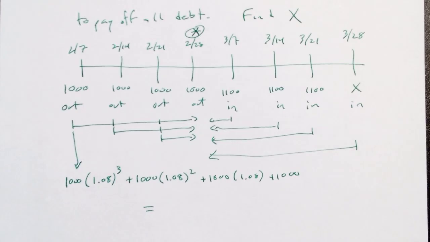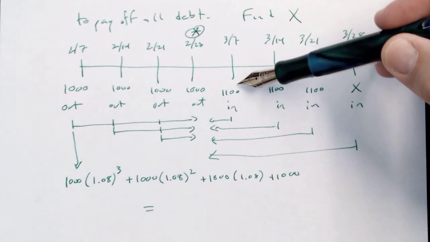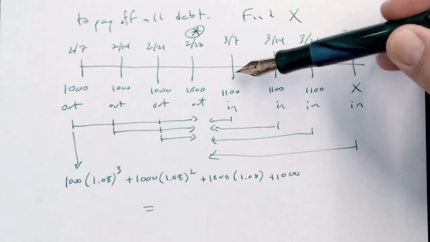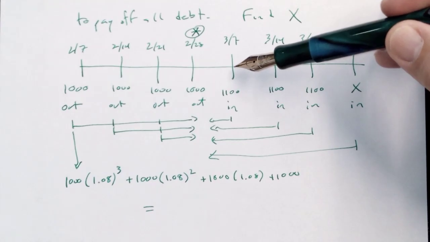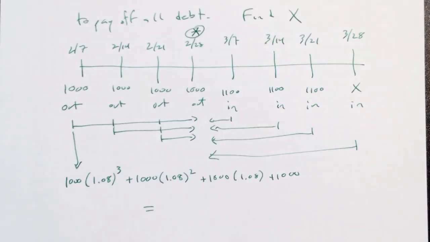March 7th, that payment of $1,100. What's the factor I need to multiply that by? That's our V value. Yeah, we're doing a present value. That's V, 1 over 1.08.